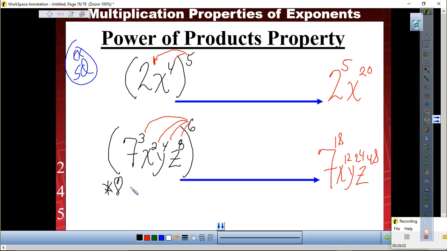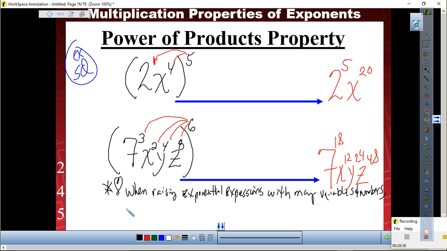Okay, when raising exponential expressions with many variables and numbers in parentheses, we raise all exponents to the power. Is that clear enough? No.